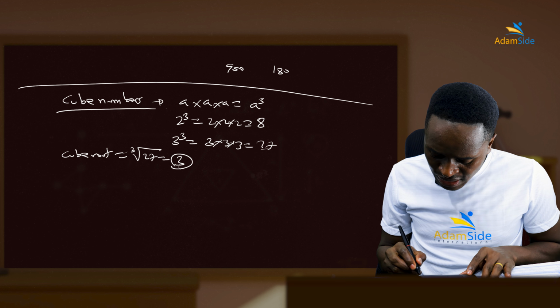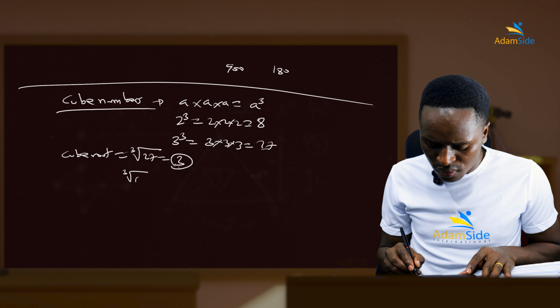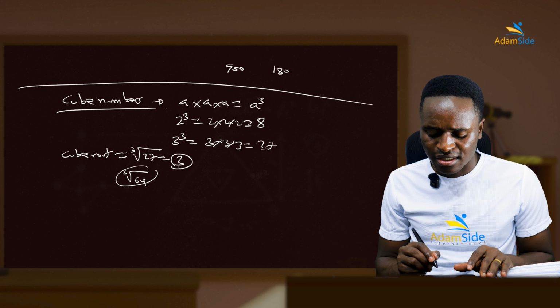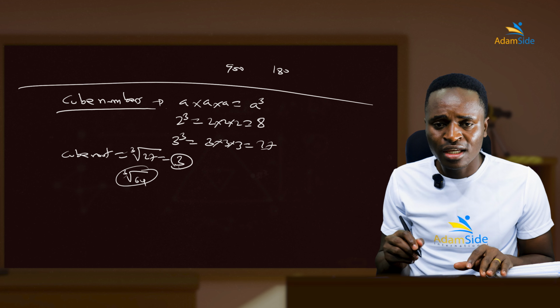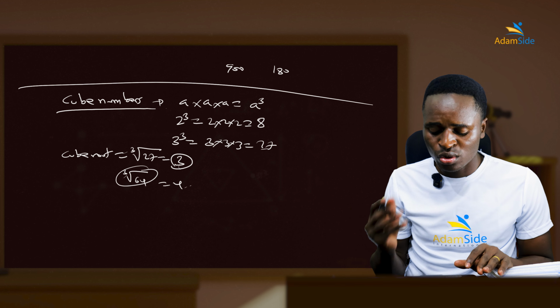The cube root of 64 is 4, because 4 times 4 times 4 gives you 64.